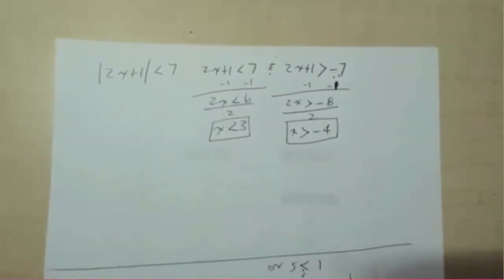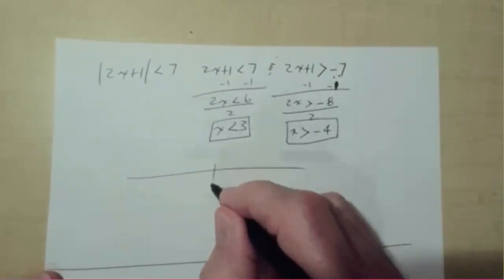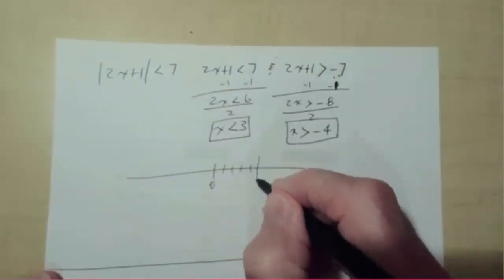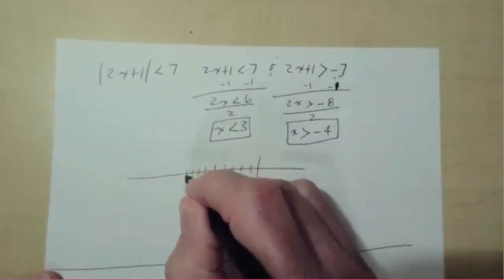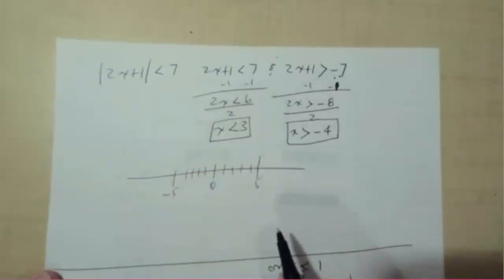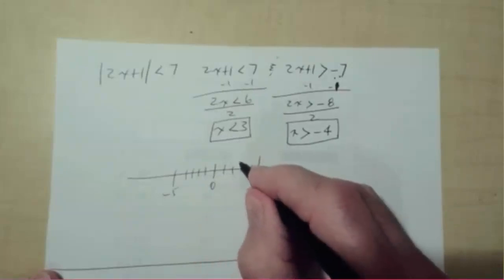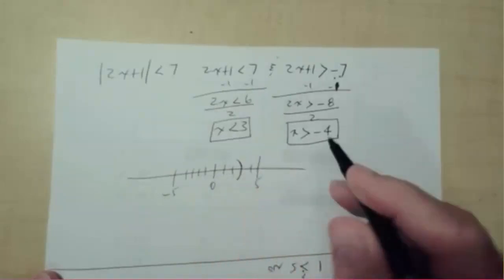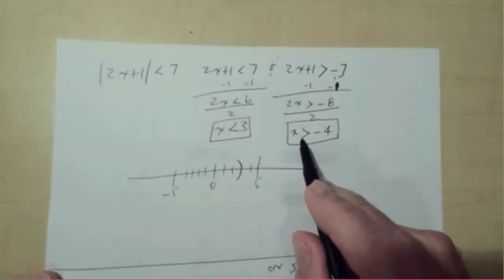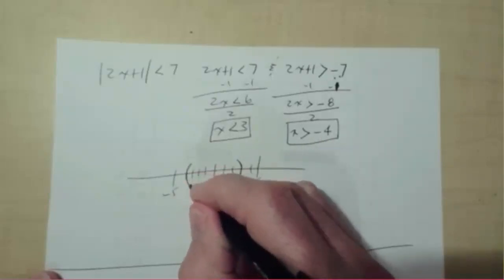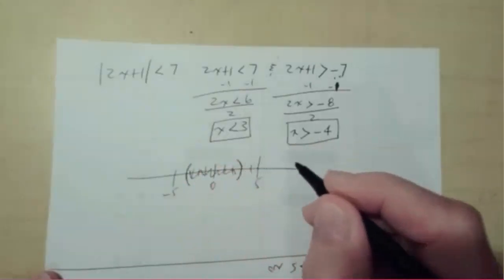And how do we graph that? 0, 1, 2, 3, 4, 5, and negative 1, 2, 3, 4, 5. Okay, x is less than 3, and x is greater than negative 4. So it's only these numbers in here.